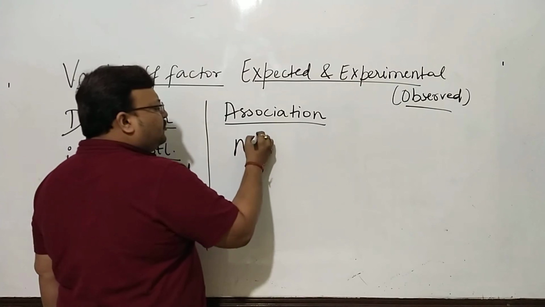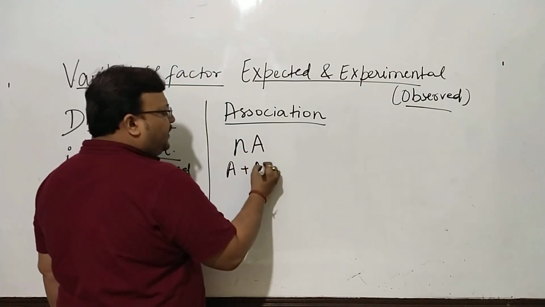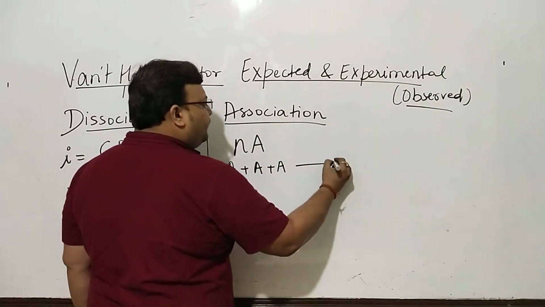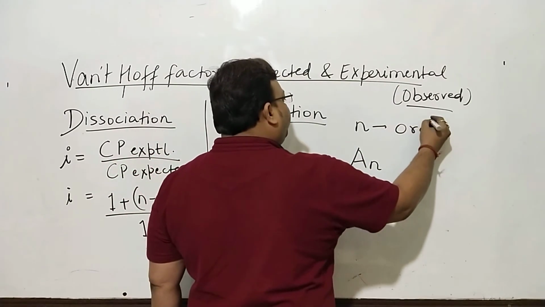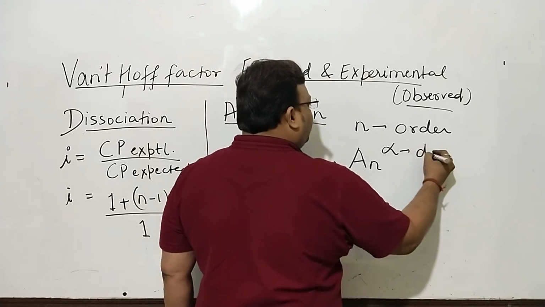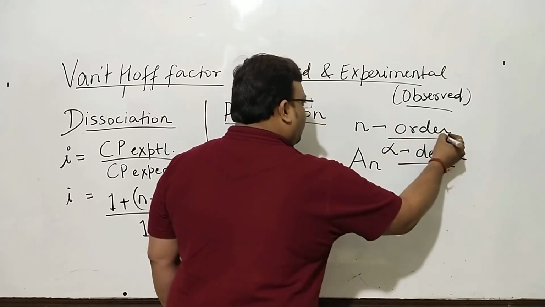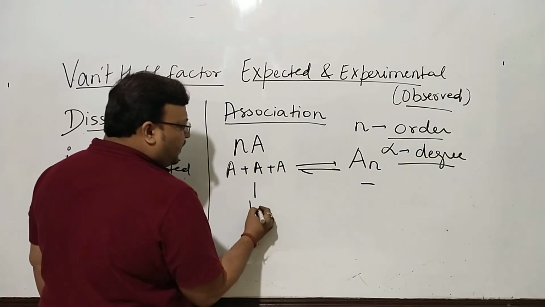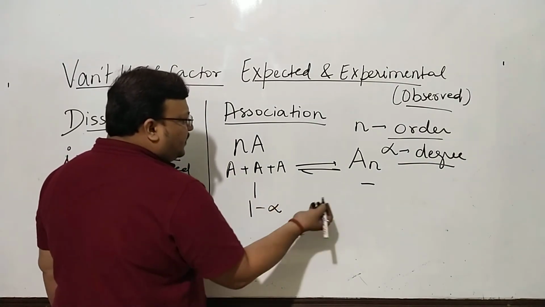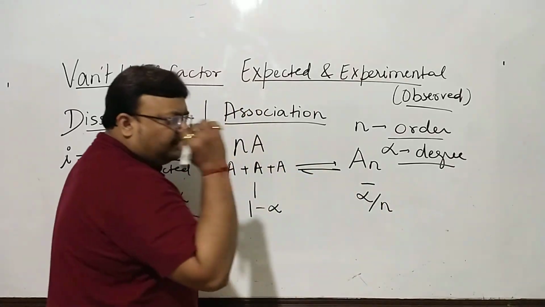Association is n particles of A, which is A plus A plus A plus A, kind of associating to An. Here again, n would be the order of association, alpha could be the degree of association, and if this was 1 to begin with, if it goes by alpha, the number of particles formed here will be alpha by n.